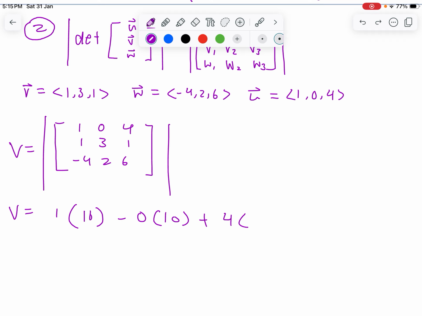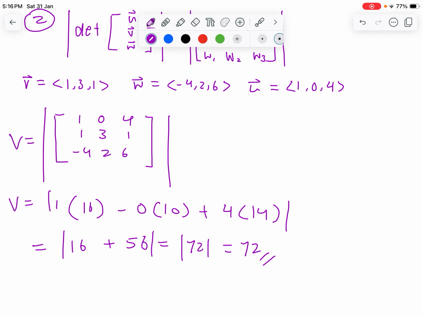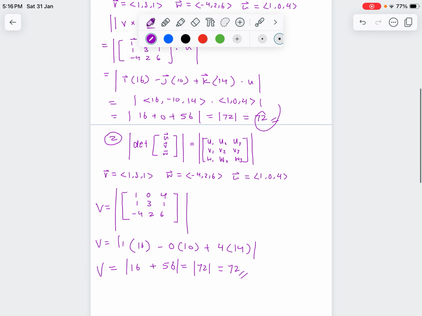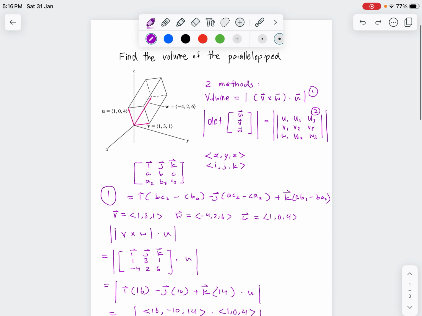So that's basically just adding. So 12 plus 2, that's 14. And we have 16 plus 14 times 4, which is 56. Remember to absolute value this, and we get an answer of 72. And there you have it, that's our volume. Notice that we get the exact same answer. So that is kind of how you approach this problem to find the volume of a parallelepiped with vectors.